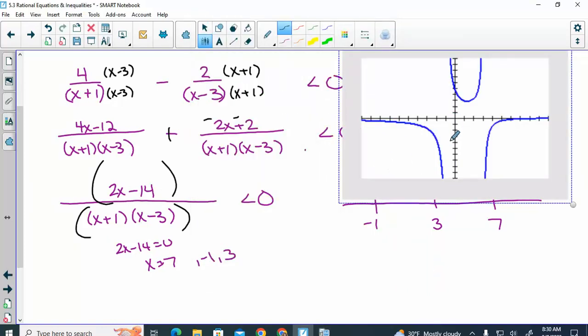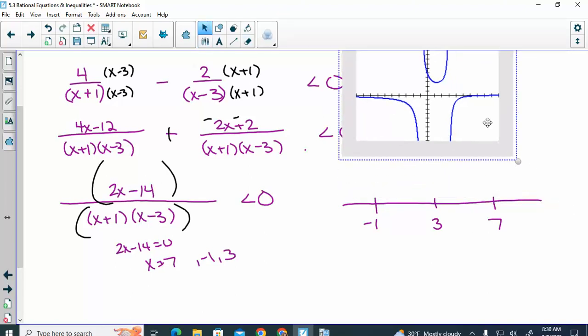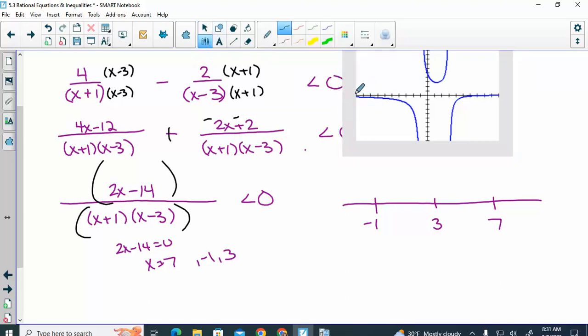So if we look, the graph starts before negative 1. My graph is negative. Between negative 1 and positive 3, the graph is okay. Between 3 and 7, my graph is okay.